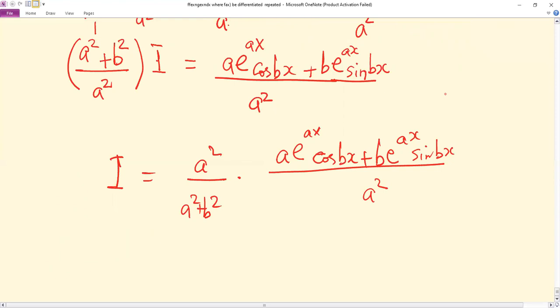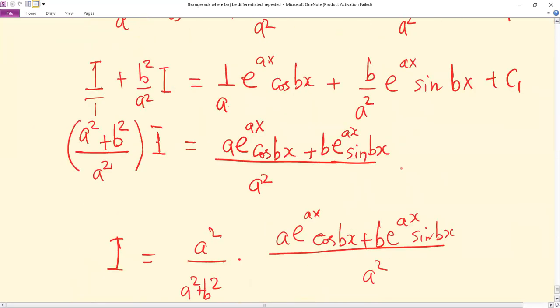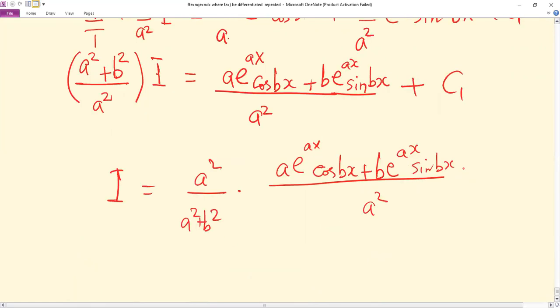So remember, we need to be adding constants of integration at every point. Let's call it C1.